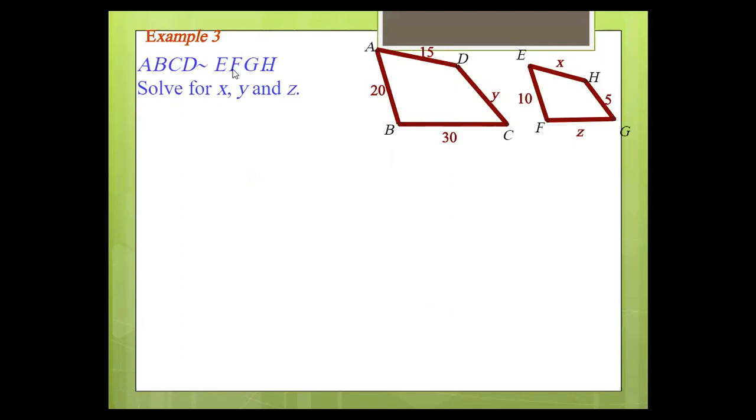AB over EF, which will be 20 over 10. So the scale factor equals 2. And then we will use this ratio to find the missing sides.